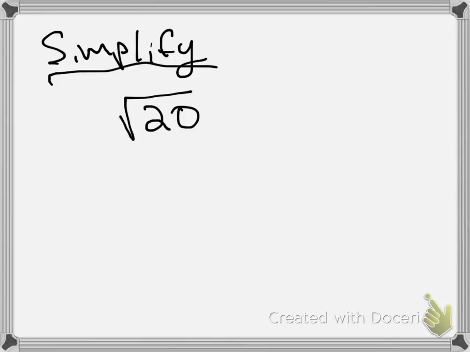Now we can use this fact to simplify things where the inside radicand isn't a perfect square. So what we can do is we can simplify by trying to see if any factors are perfect squares.